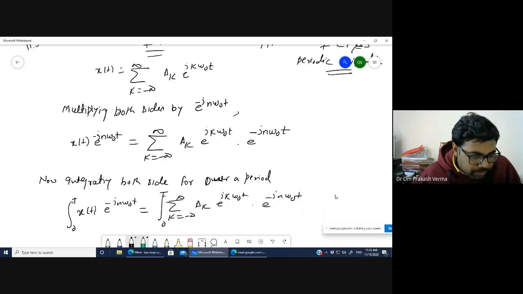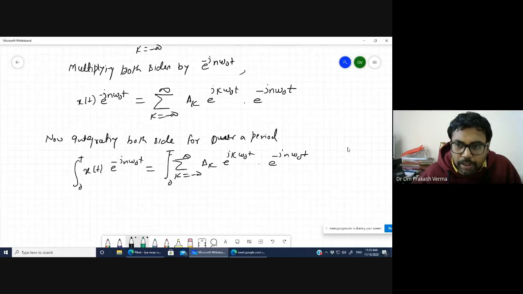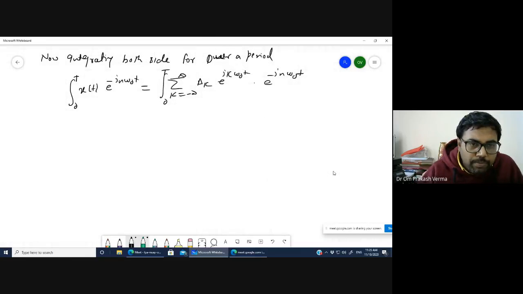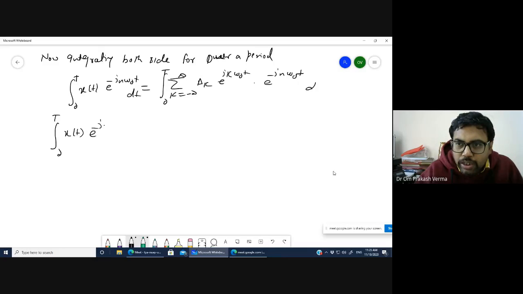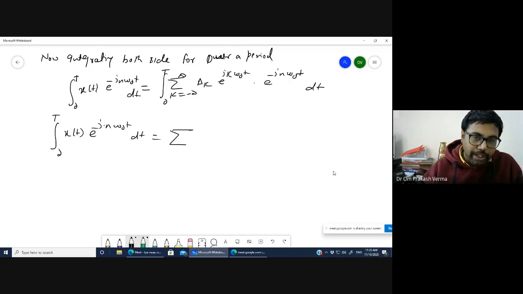So now, with the help of the linearity property, you can exchange the summation with the integration.